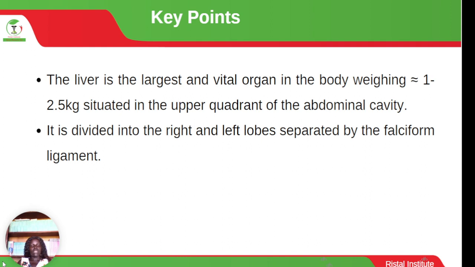Let's look at key points. The liver is the largest and vital organ in the body, weighing 1 to 2.5 kilograms, situated in the upper quadrant of the abdominal cavity. It is divided into the right and the left lobes, separated by the falciform ligament.